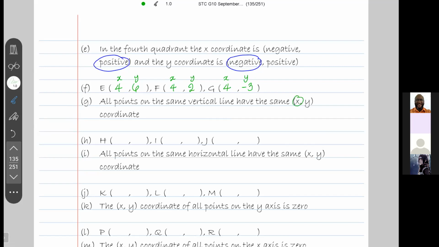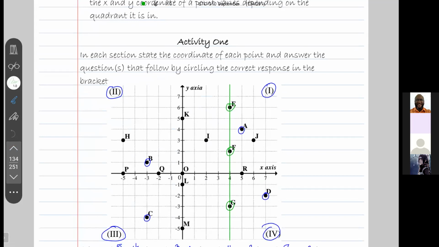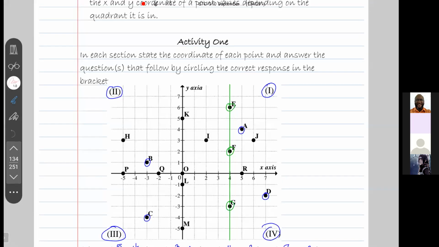Guys, let's go back and determine the coordinates of H, I, and J, changing the color ink. So this is H, this is I, and this is J. And H, I, and J are on the same horizontal line.